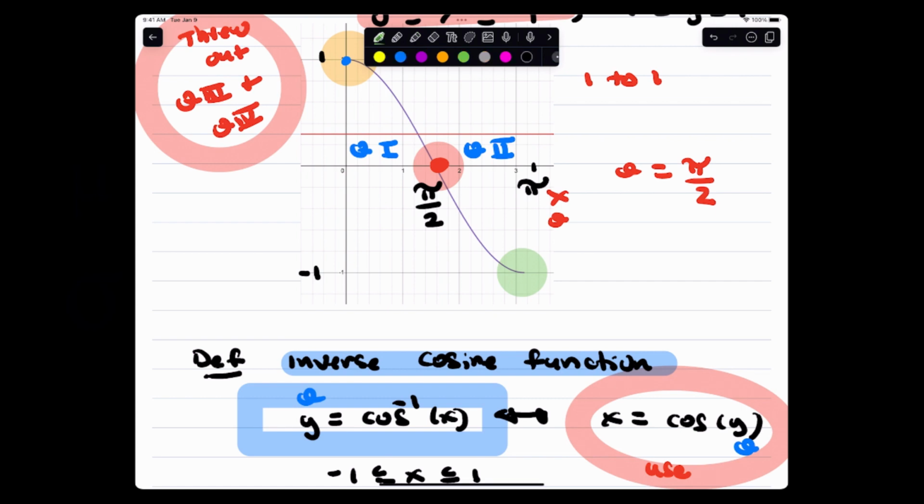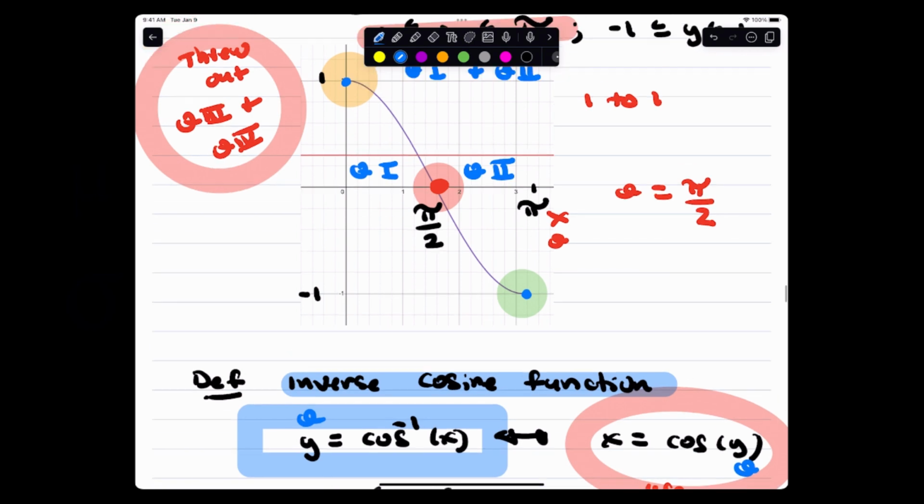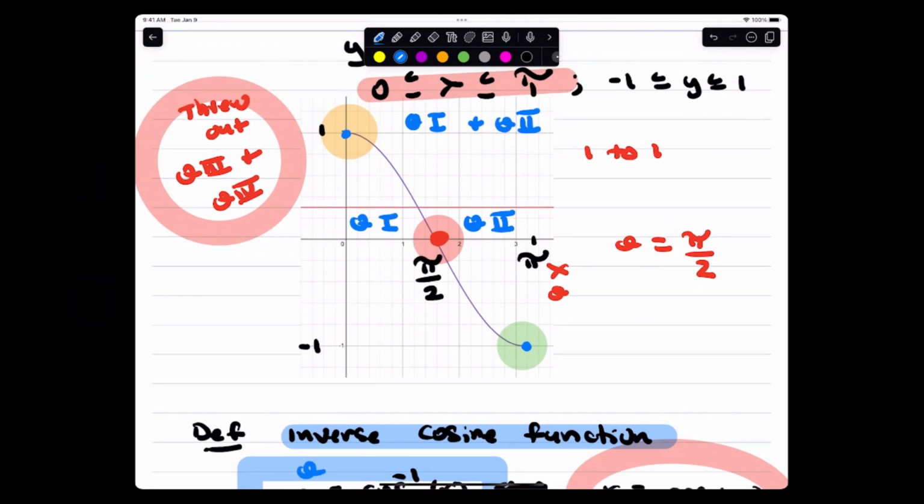It's right there. So where, ladies and gentlemen, for what value of theta or x do you have cosine being negative 1? Do you guys know? It's right up here. What is it? Pi. Outstanding. When theta is pi, cosine theta is negative 1.